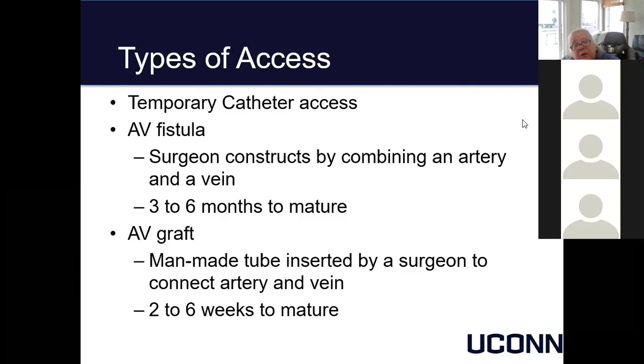These are much quicker to mature, 2 to 6 weeks versus 3 to 6 months. And they are effective as access for hemodialysis. And again, you're going to see a change in the anatomy of those areas, and you will still feel for a thrill and listen for a bruit at an AV graft site as well.